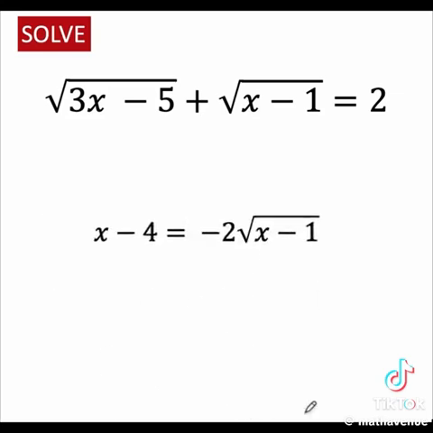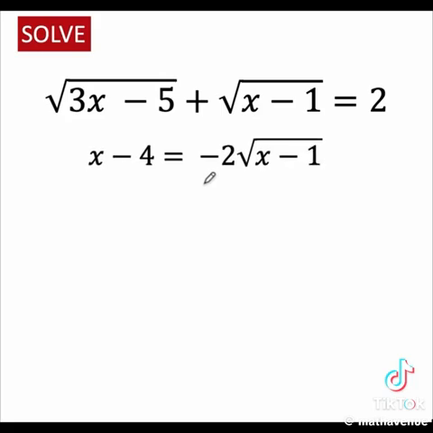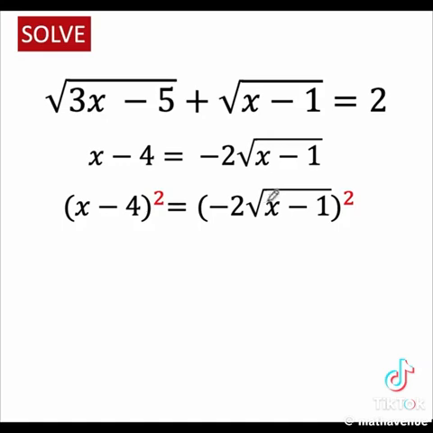We now have here a simpler equation but still containing radical. So we are now going to apply again the same procedure. We are going to raise both sides of the equation to exponent 2 so that we can eliminate this radical at the right side. So we have here a square of a binomial which is expanded as x squared minus 8x plus 16.